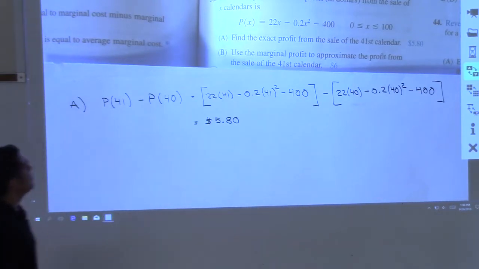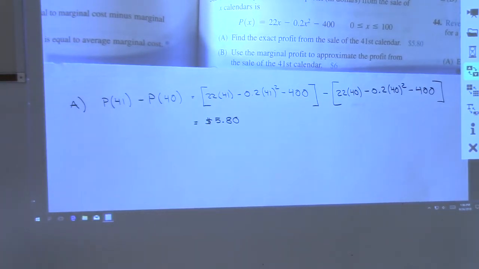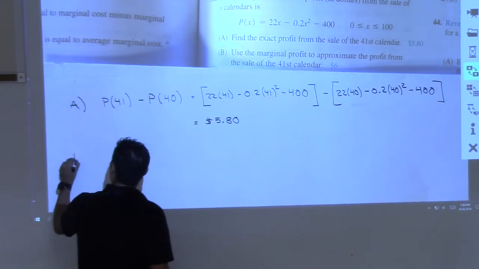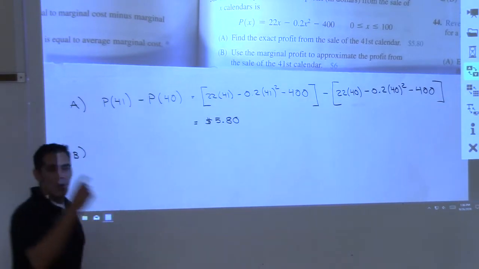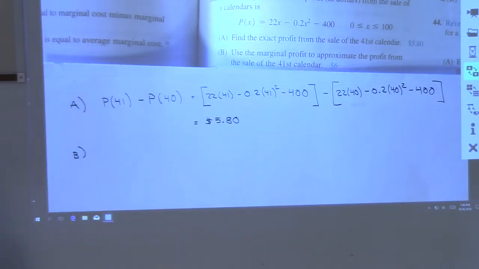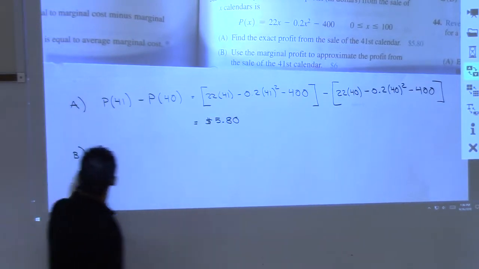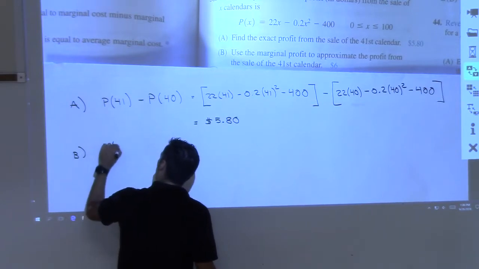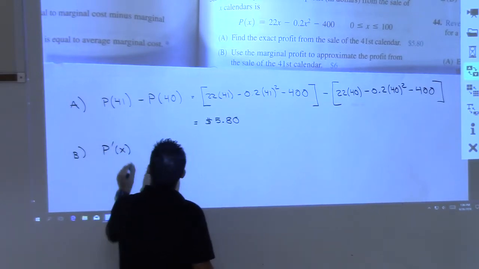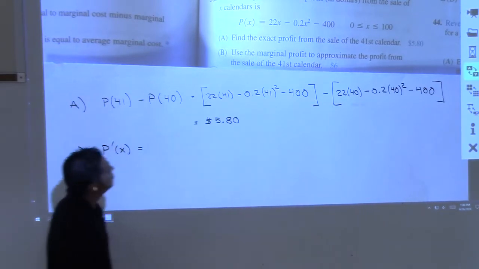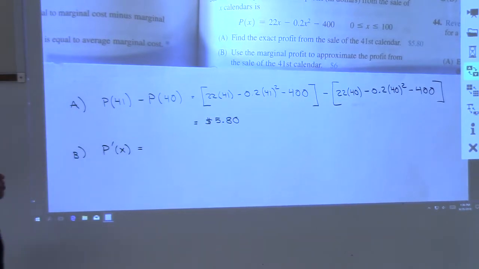Okay, so that's part A. Part B, what do we do? Read the question, right? Use the marginal profit. So as soon as you see the word marginal, you're thinking what? Taking the derivative, right? You're thinking derivative as soon as you see marginal. So we are going to first take the derivative of the profit function. So P prime of x, that's our marginal profit. And let's see, what is it? 22, right?